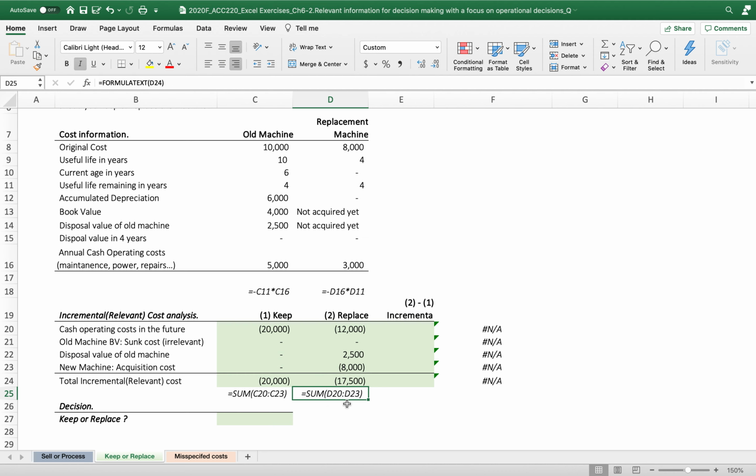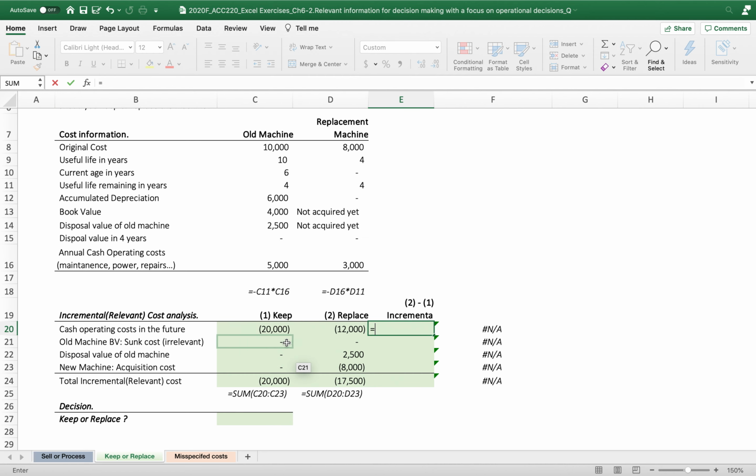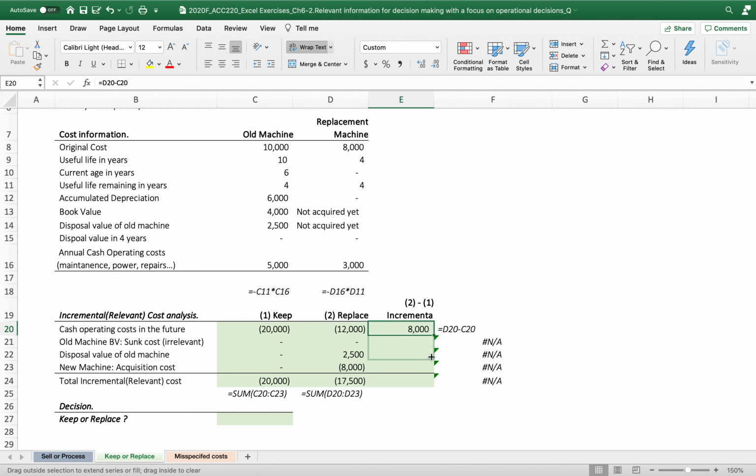Very simply, we can identify which option costs less or more. So you can find the replacement. Now the incremental changes, 2 minus 1. Okay, we can reduce the cost, and we can also increase the benefit, but there is the acquisition cost of $8,000 for the replacement.